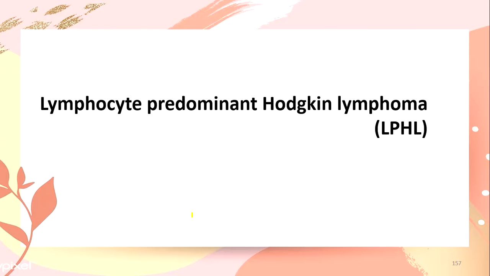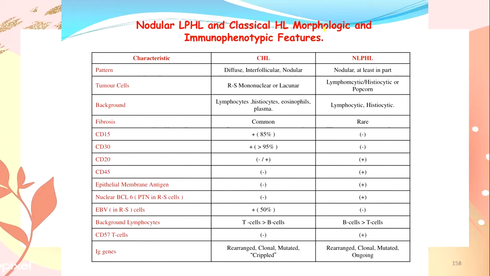Lymphocyte predominant Hodgkin lymphoma, also called LPHL, differs from the classic type by certain factors, in that it is mostly nodular, at least in part, while CHL is diffuse and can be nodular.